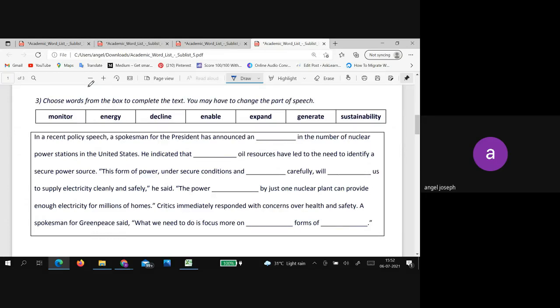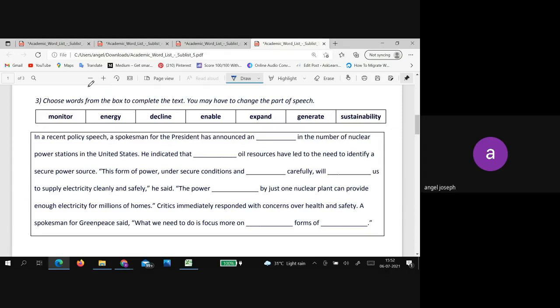Okay, so let's look at number 3. Let me first describe all the words. The words are pretty simple, maybe apart from the last word, sustainability. The first word is monitor. To monitor something is to keep an eye on something.